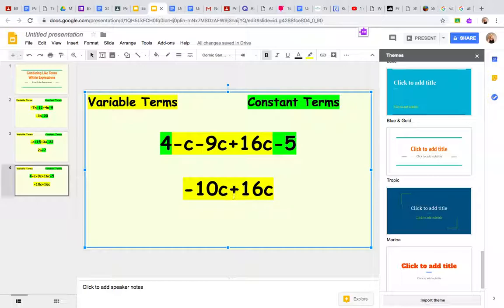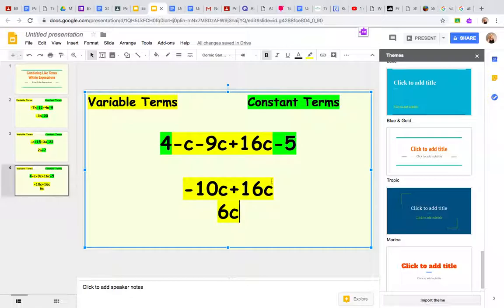And we also have to remember that we're going to take the sign of the coefficient that has the highest absolute value. I know that 16 has a higher absolute value than 10, so I'm going to be using the positive sign. So we've got 16 minus 10 gives us 6, correct? So that is going to be 6C, because you have to remember to put that variable in there.